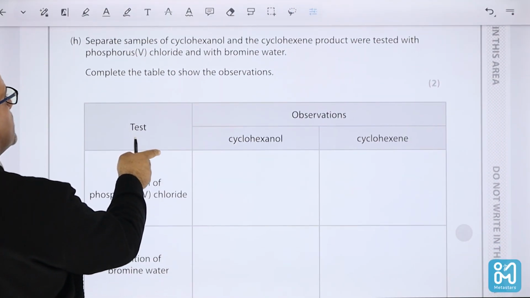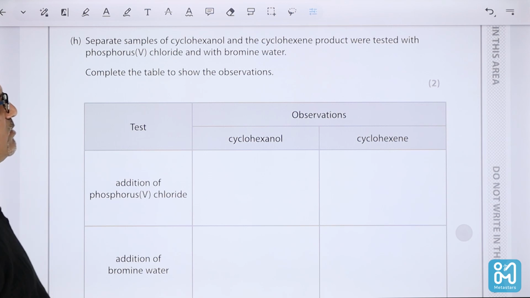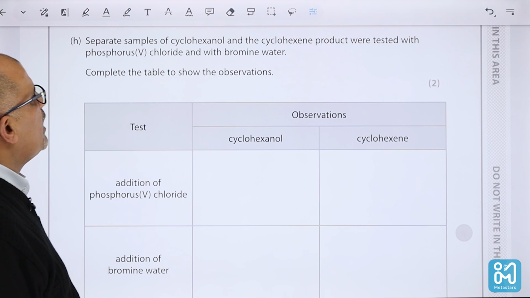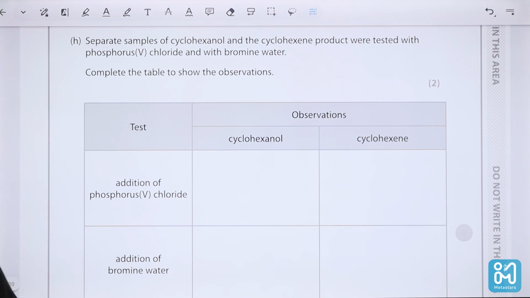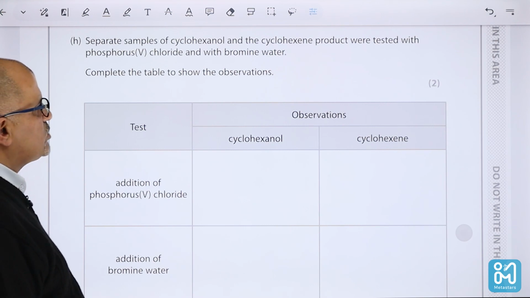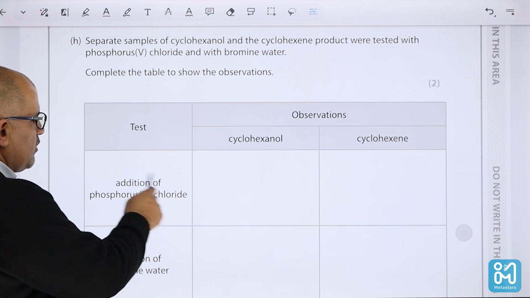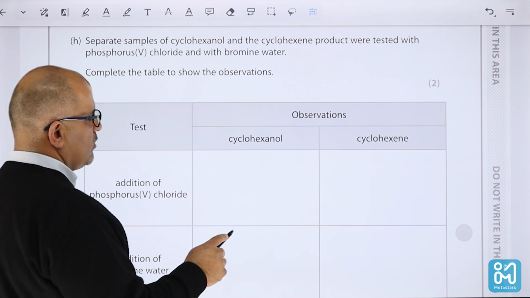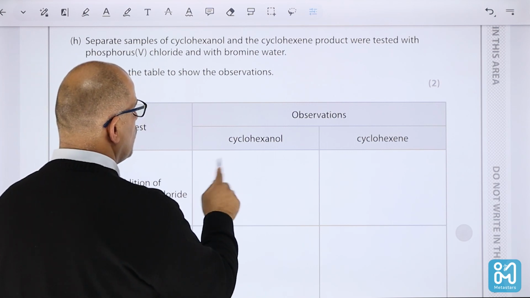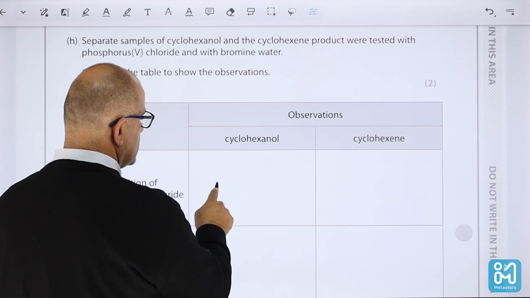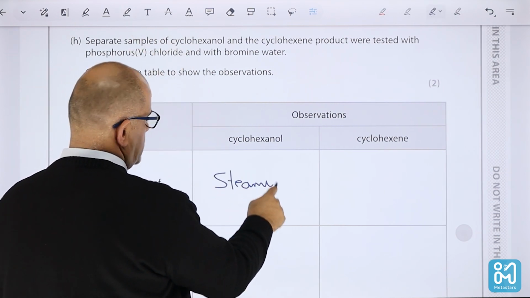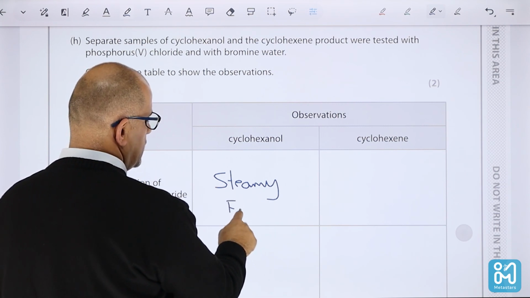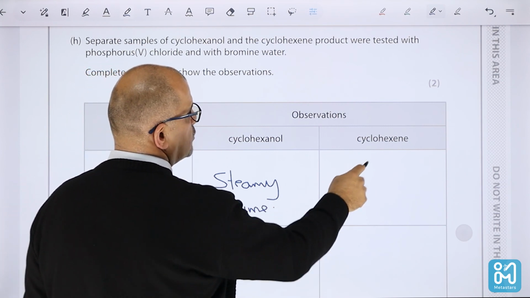Now, separate samples of cyclohexanol and cyclohexene products were tested with phosphorus pentachloride, that's the test for the OH group, and bromine water. Complete the table to show the observations. The addition of phosphorus pentachloride to cyclohexanol gives steamy white fumes, and for cyclohexene, no change.